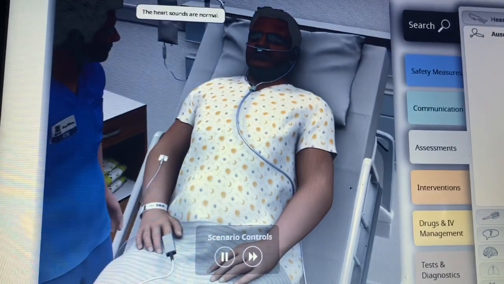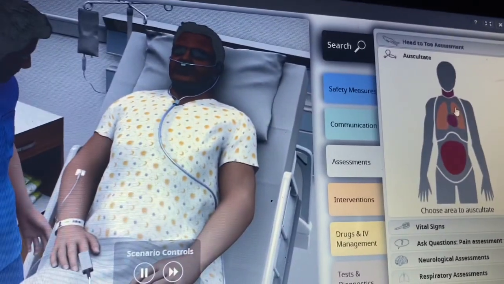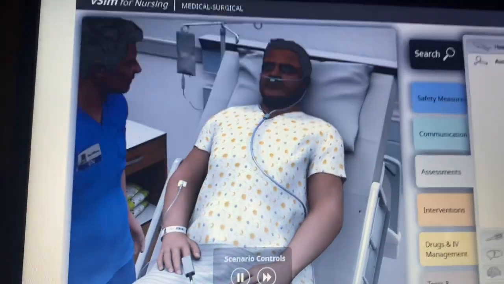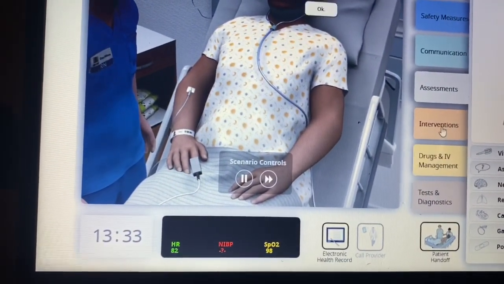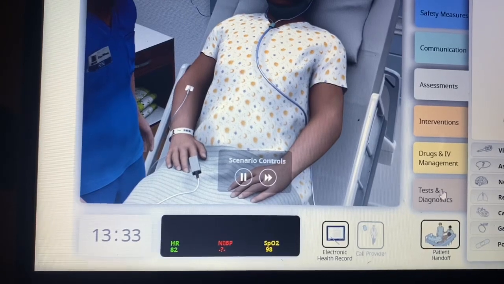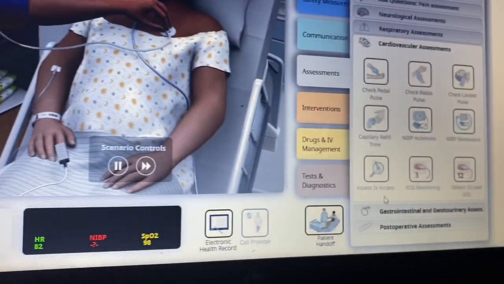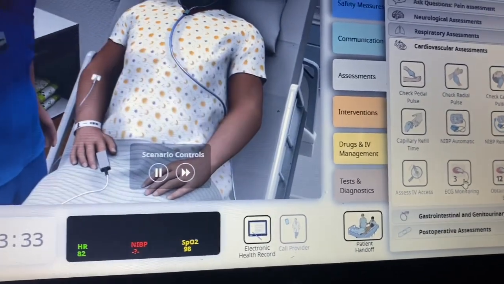The heart sounds are normal. I need to listen to your lung sounds with my stethoscope. Please breathe normally. Okay. The breath sounds are normal.